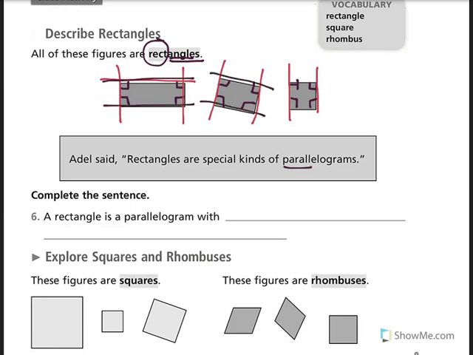So, Adele says rectangles are a special kind of parallelogram. I think that makes sense. Parallelograms don't have to have right angles, but if it is a parallelogram and it has only right angles, that is what makes it a rectangle. So a rectangle is a parallelogram with all right angles.